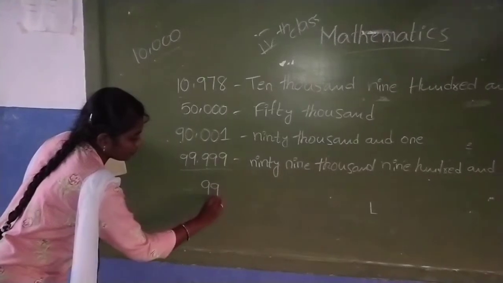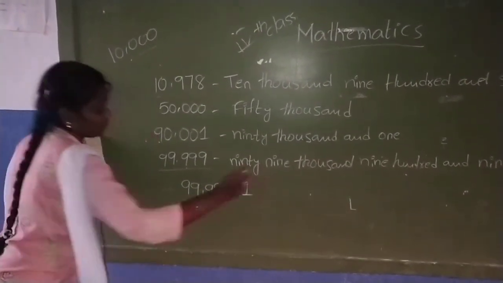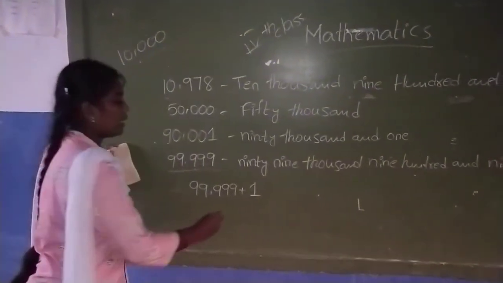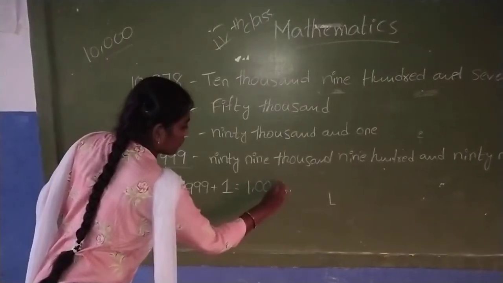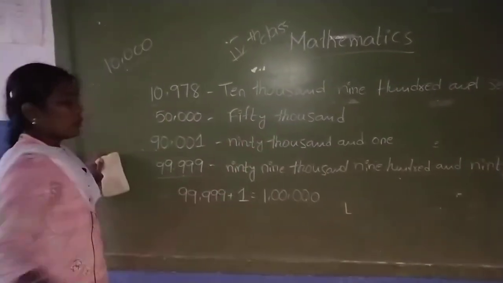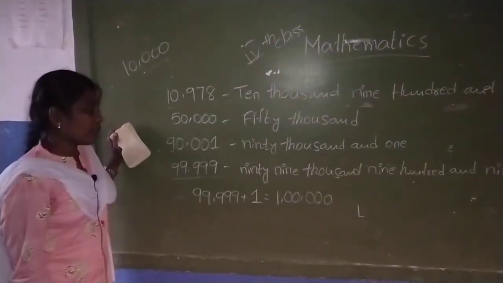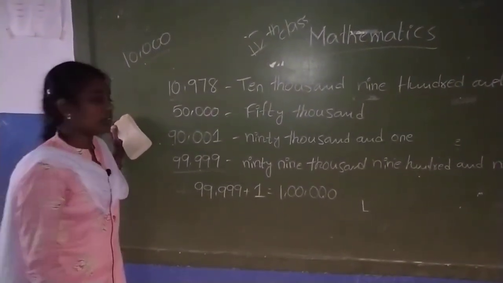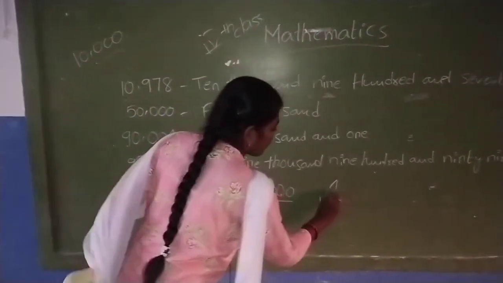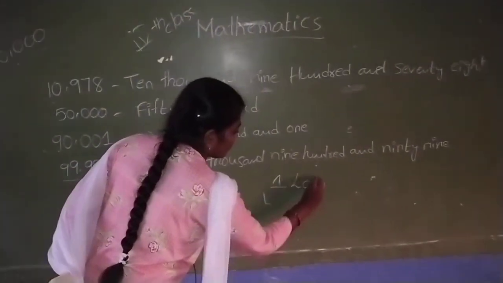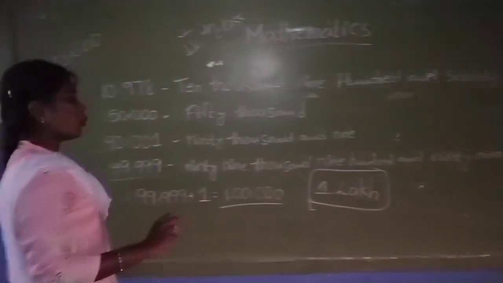If we add 1 to 99,999, then we will get the 6-digit smallest number, that is called 1 lakh.